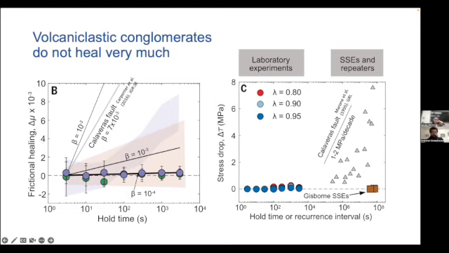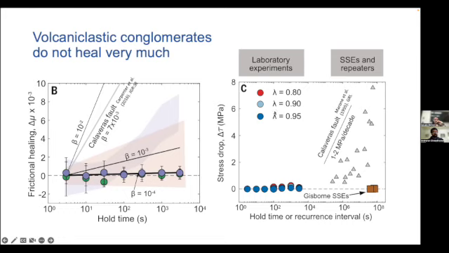The shaded areas are for other clay-rich materials recovered from other regions, for example the San Andreas Fault. And generally, what we can conclude from this is that the clays, and particularly smectites, keep healing rates very, very low. The plot on the right has the same data in stress drop space over a longer x-axis. We convert this healing data into a stress drop by multiplying it with an effective stress.